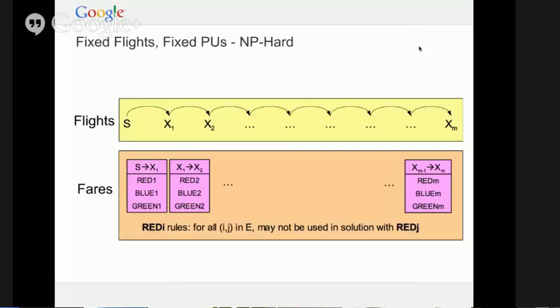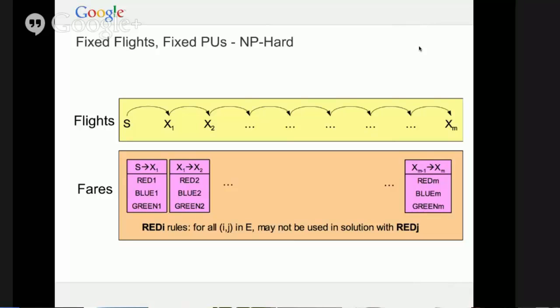Now let's see how this pans out. I've got flights from S to x1 to x2 to x3 and so on to xn, and each of these flights corresponds to a vertex in the graph. And I look at the fares. Let's look at 3-coloring, because that's the smallest value of K for which K-coloring is NP-hard.